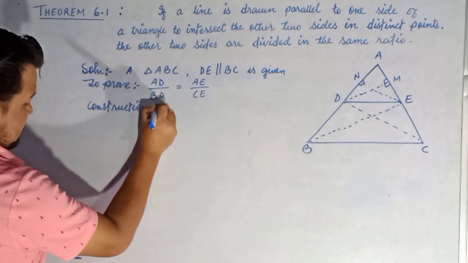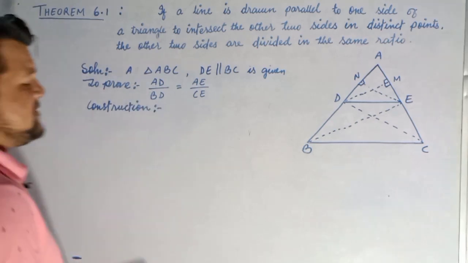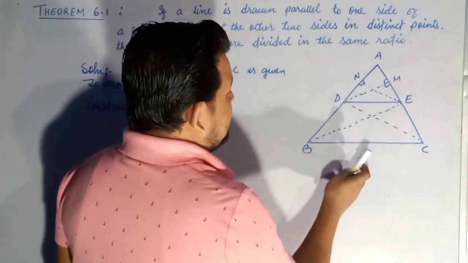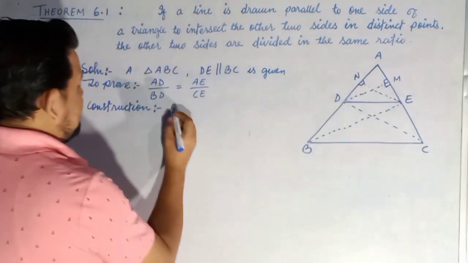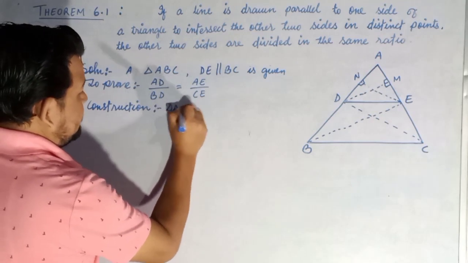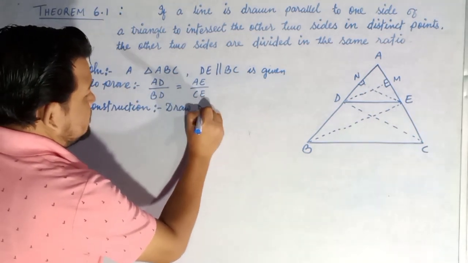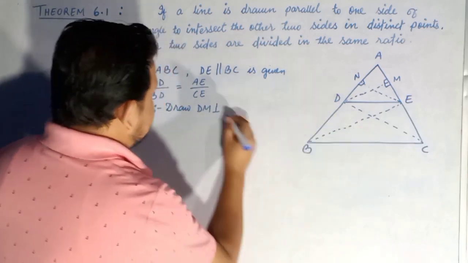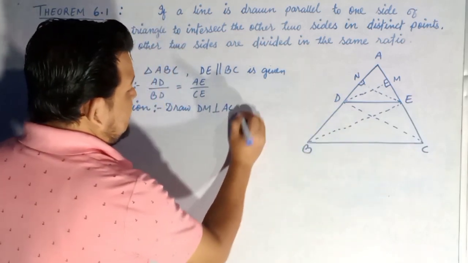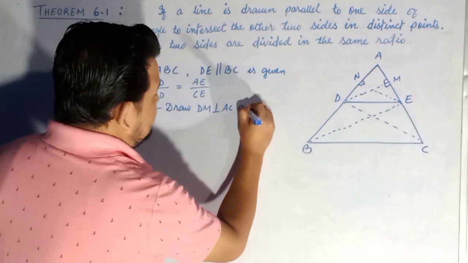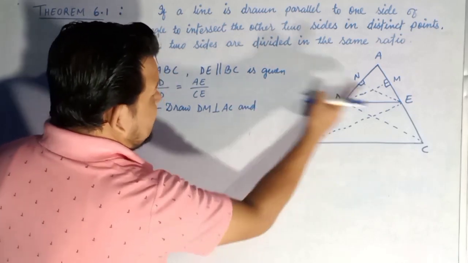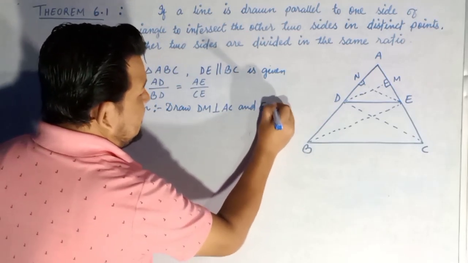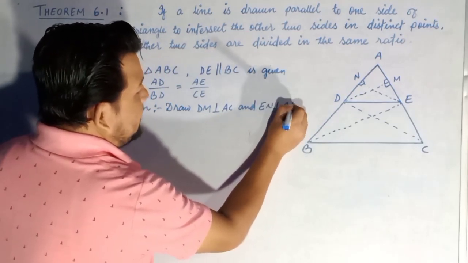What is the construction we have done? We have drawn DM perpendicular to AC. So let us write: draw DM perpendicular to AC. And also we have drawn EN, which is also perpendicular to AB.